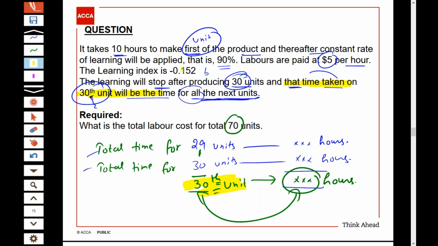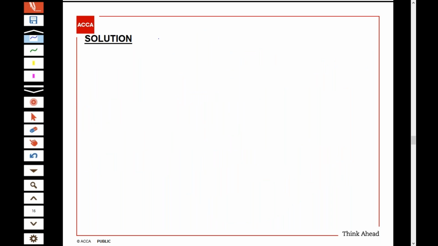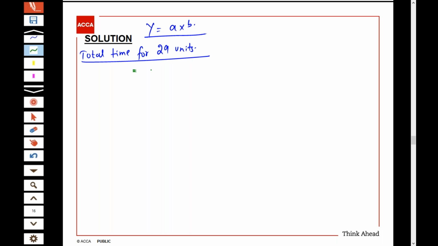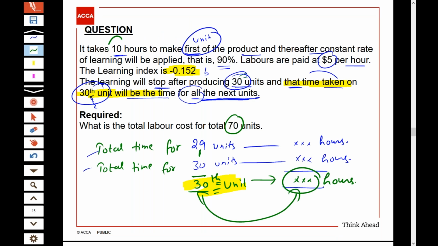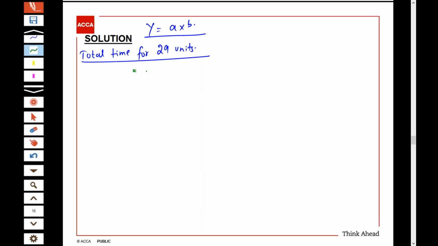Okay, now the value of B is minus 0.152. What am I doing right now? What was the formula? Y is equal to AX power B. Okay, sir, let's calculate total time for 29 units. How do we calculate that? Y is equal to AX power B. What was A? That was time on first unit, that is 10 hours. Okay, 10 multiplied by how many units?